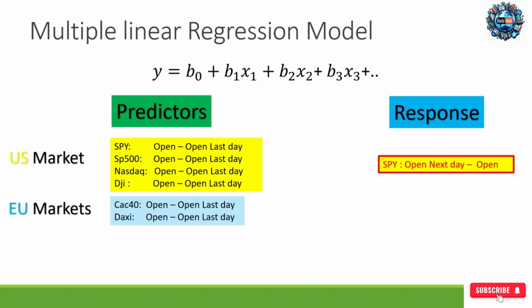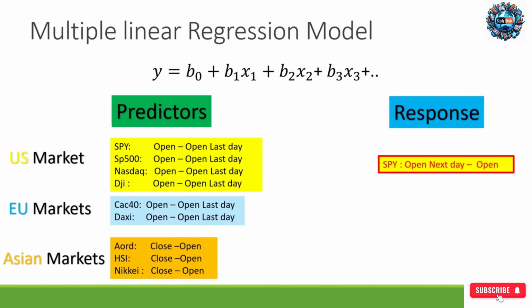Ideally, for European markets, we want to use price at noon minus open price. If you have intraday data, you can improve this model. However, Yahoo Finance does not provide intraday data. Last group, close price minus open price of AOD, HSI, and the Nikkei in Asia and Australia markets.